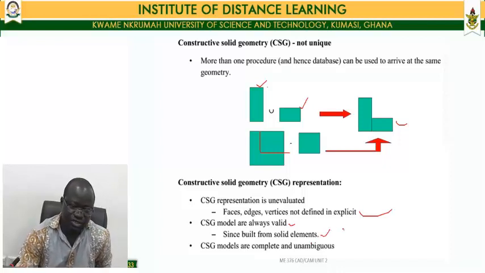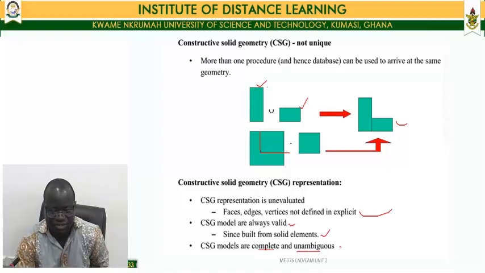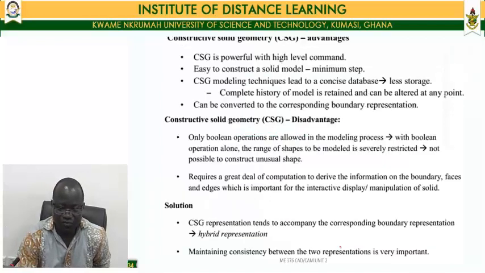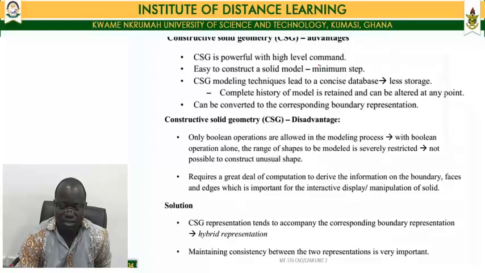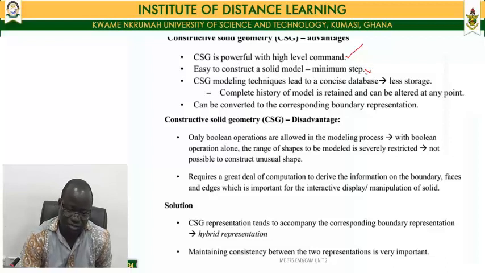The other things that you need to know from constructive solid geometry is this. That is the advantages. They are very powerful high-level commands in modeling CSG. You can use it to easily construct a solid model with minimum steps. Constructive solid geometry also gives you a very concise, straightforward database with less storage.